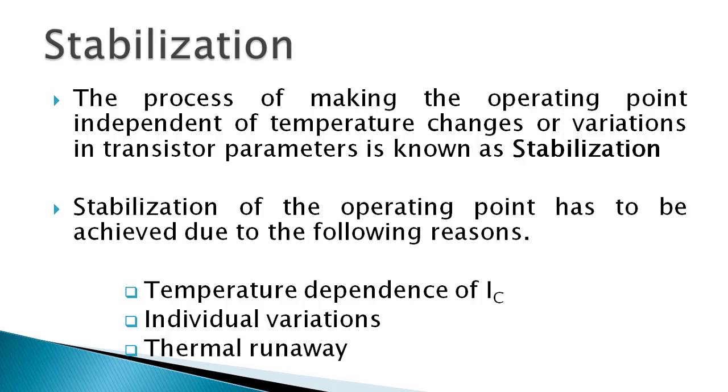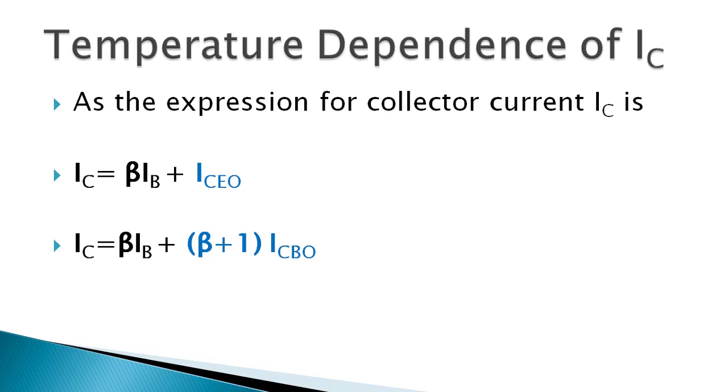Temperature dependence of IC. In general, the simple expression is IC equals beta into IB. This is enough normally. But by considering the leakage current, IC equals beta into IB plus ICEO, the collector to emitter leakage current. This can be written as beta plus 1 into the collector to base leakage current.